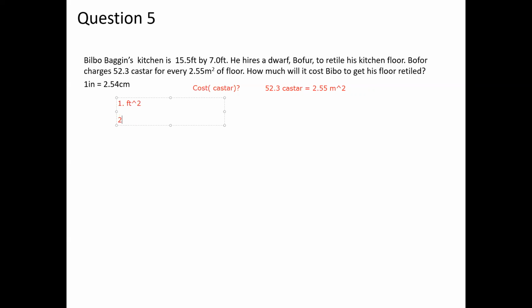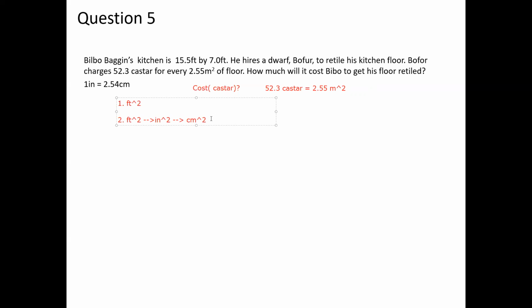Now in the second step, using the conversion factors given to me, I've got to go from feet squared to meters squared. Based on the conversion factors given, the link between the English and metric system is 1 inch is 2.54 centimeters. So if I can go from feet squared to inches squared, then I can go to centimeters squared, because I have that conversion factor given to us.